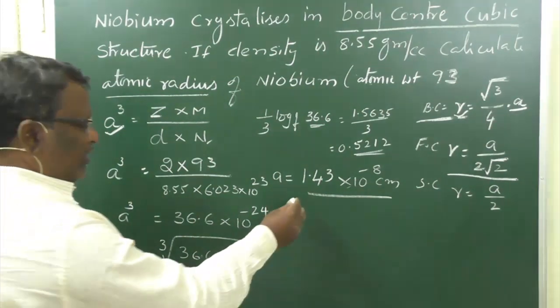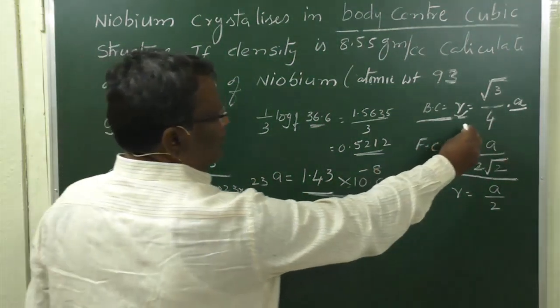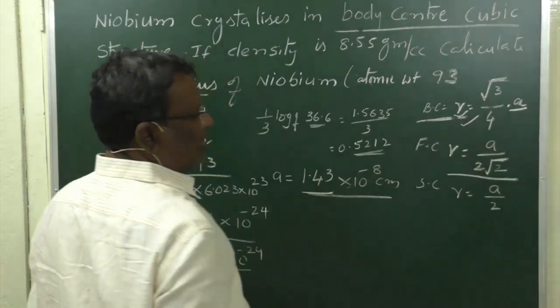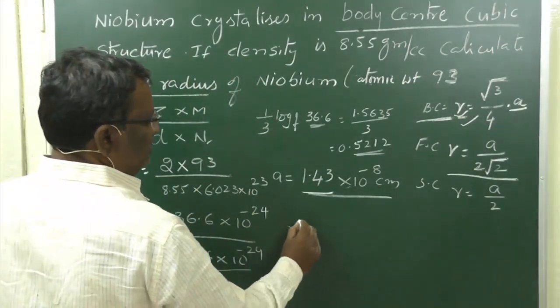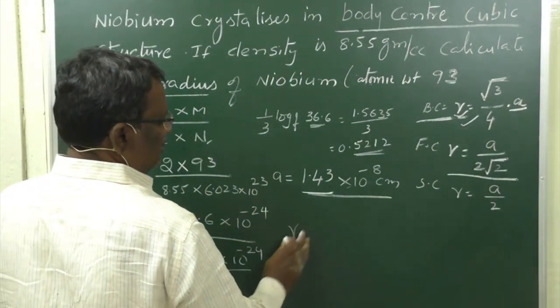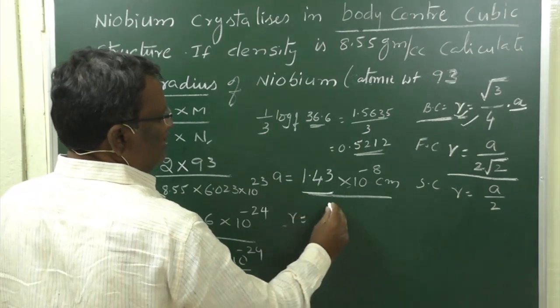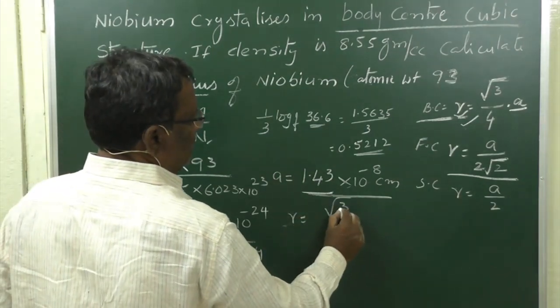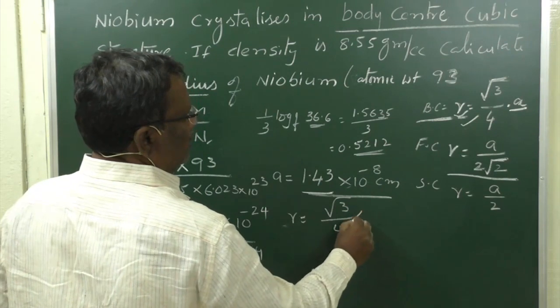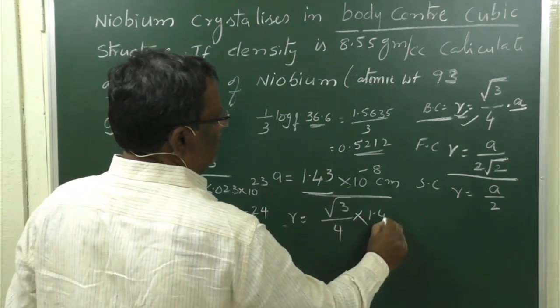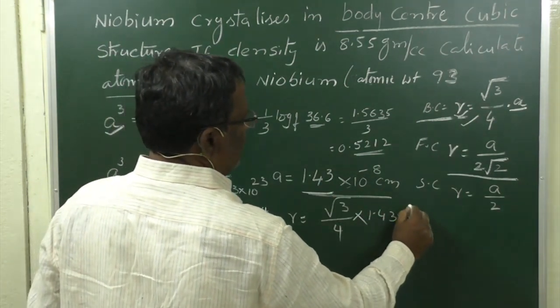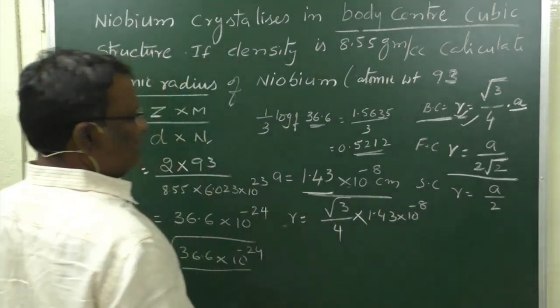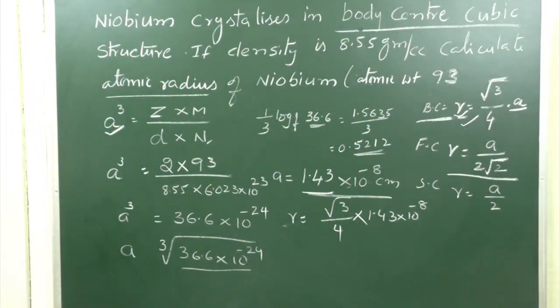If you know the A value, you can calculate R by using this formula, that is R is equal to root 3 by 4 into A, which is 1.43 into 10 to the power minus 8. So, root 3 is 1.73 something, by 4 into 1.43 into 10 to the power minus 8.